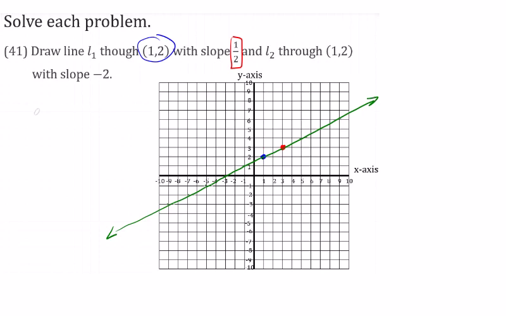The next line is (1, 2), so through the same point. All right. But now a slope of -2. So -2 is -2 over 1. So that means I'm going to go down 2 and right 1. All right.